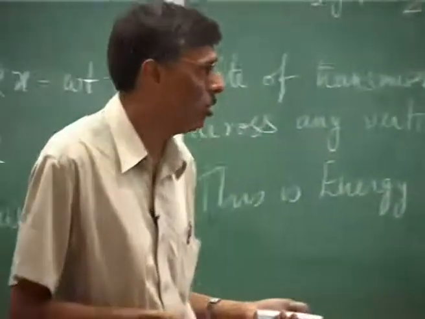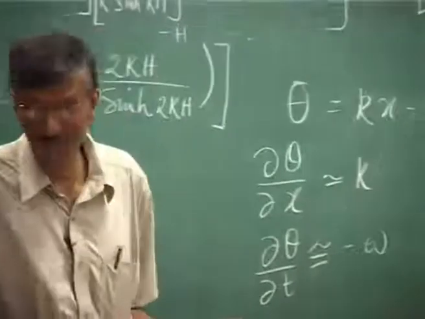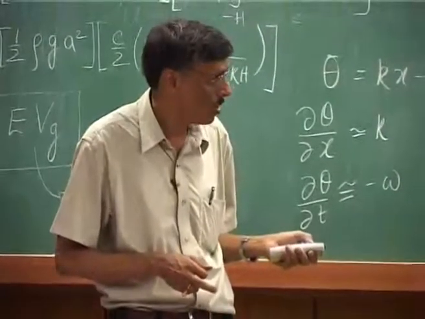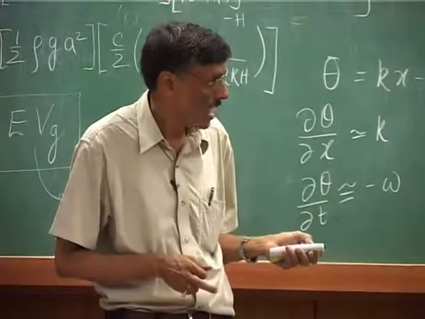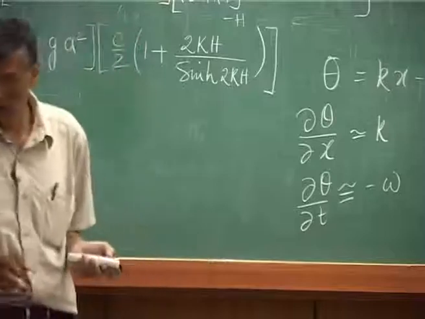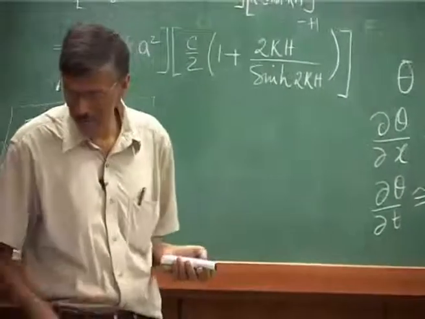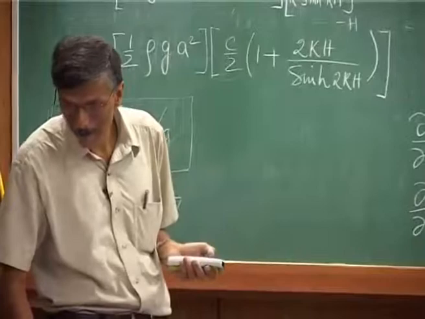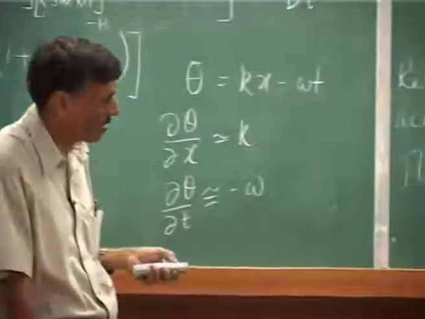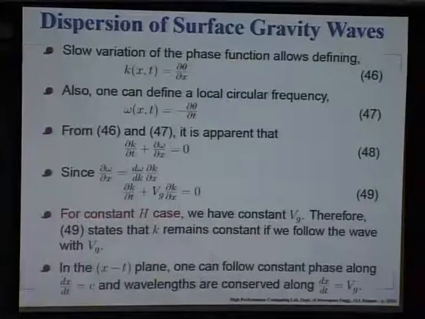However, if you want to follow the same wavelength component, then you really must move your gauge with this velocity V g. So, if I now go back to my x t plane, I should be looking at two sets of lines. One is given by dx dt equal to c.